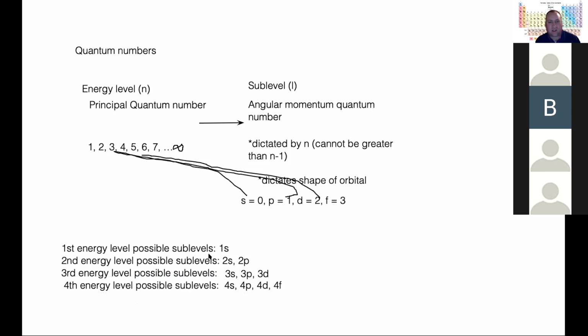And so you can see as we increase our energy level, we also can increase the number of possible sublevels in there. Again, as we're going away from the nucleus, we're seeing more and more distance, which means we have the possibility for more and more sublevels, which means that we can have more and more orbitals, more and more electrons.